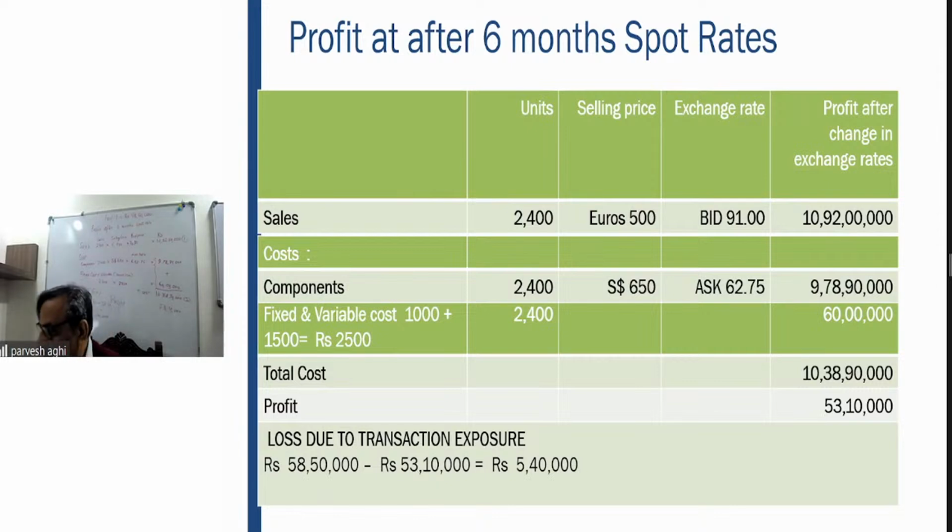Because the money he paid on his imports all happened after 6 months, by that time the euro had appreciated, which brought a positive impact to his business, whereas the Singapore dollar brought a negative impact because that was a cost to him. The Singapore dollar has appreciated against the Indian rupee, which means he is going to spend more in Indian rupees on his component cost. So overall, the transaction exposure is negative, which is 5 lakh 40,000.